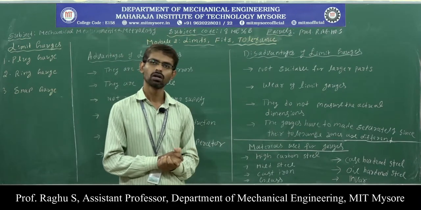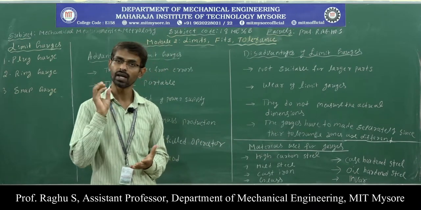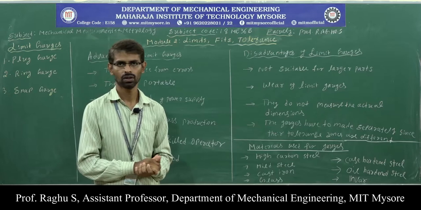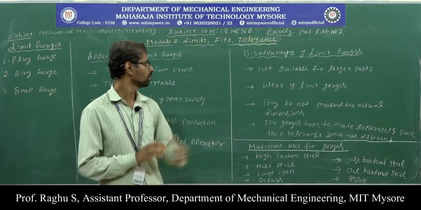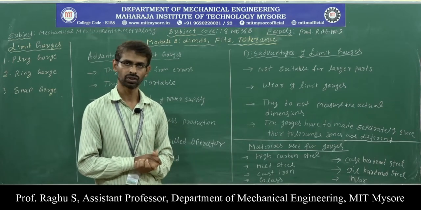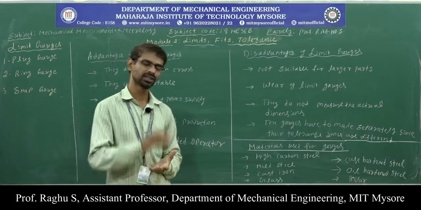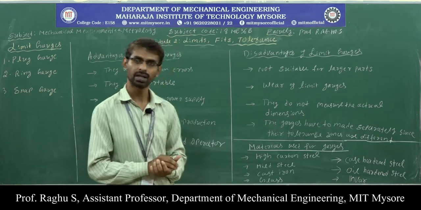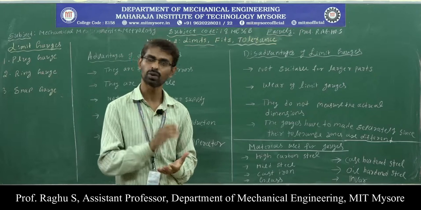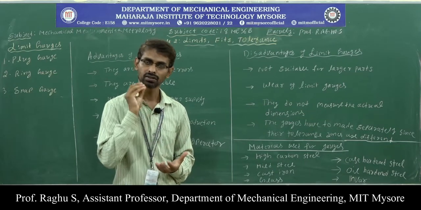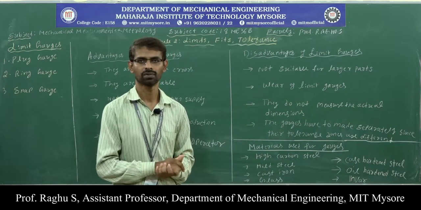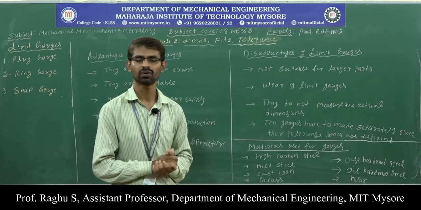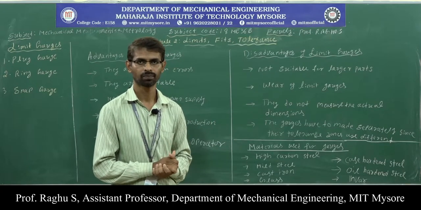Next, limit gauges do not measure the actual dimension. And the last one, each limit gauge has to be made separately because the tolerance zone is different. That is why we need separate limit gauges.